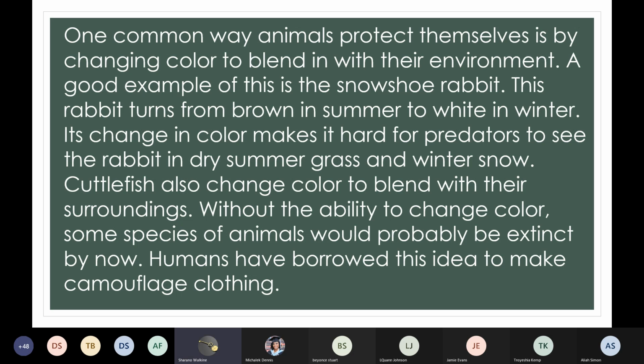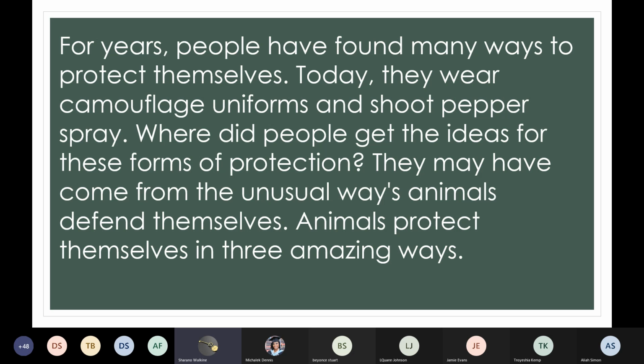So notice that the thesis usually comes where? Where do we usually find the thesis? When in the introduction, where is it usually going to be? The thesis. I said the thesis statement. Where are we going to find that? At the end. Good job, Shania.